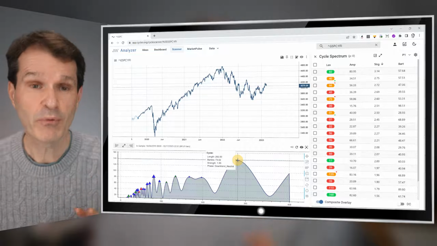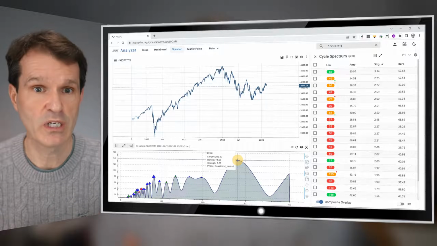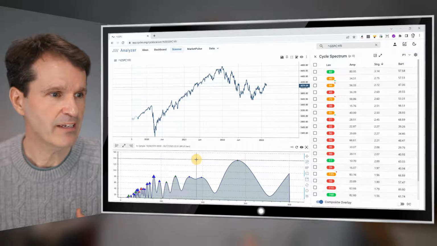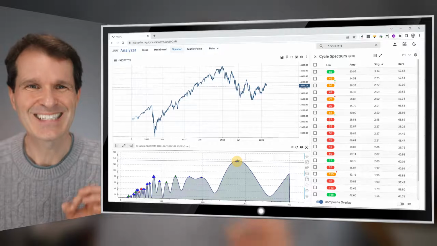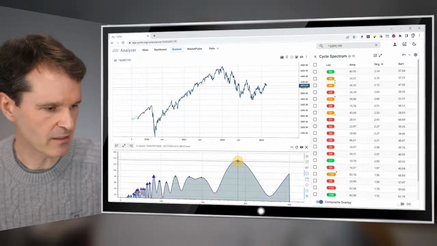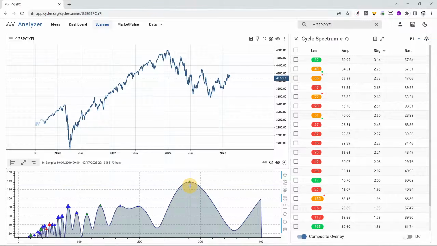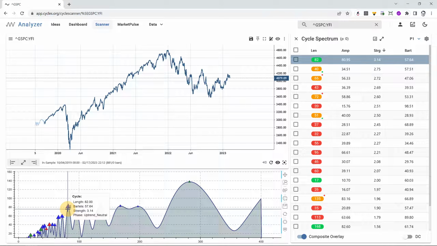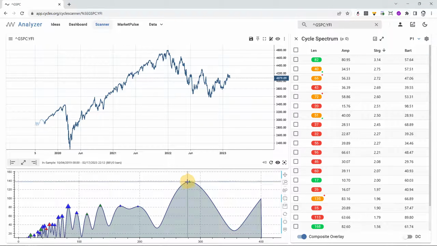In the way we present the cycle spectrum, which is unique by the way, you can identify the strength by the size of these triangles. If you watch closely, you see that this triangle here at the cycle length of 282 is very small. And the size of the triangle here at the cycle of 82 is very large, so you see the relative comparisons here.